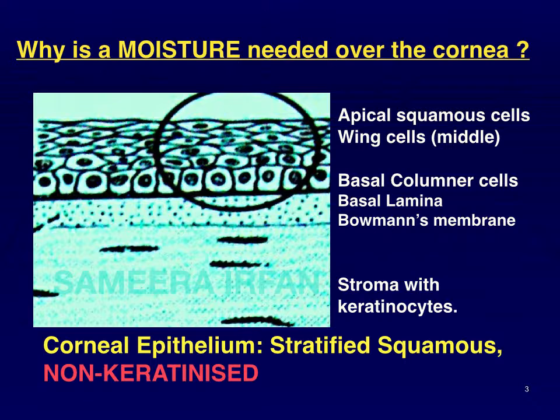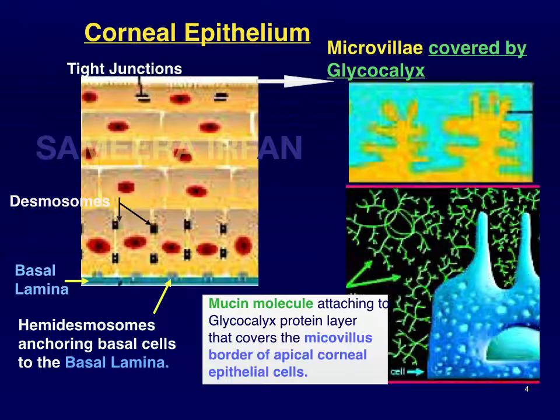The epithelium and the endothelium form important cell barriers that resist the diffusion of solutes and fluid flow across the cornea from the surface as well as from the aqueous, and maintain the clarity and transparency of the cornea.